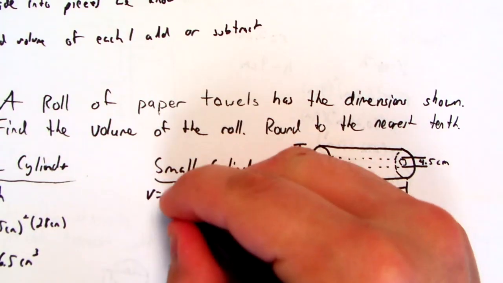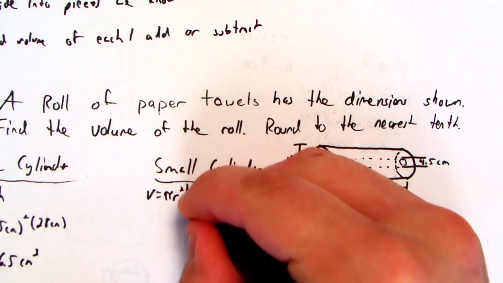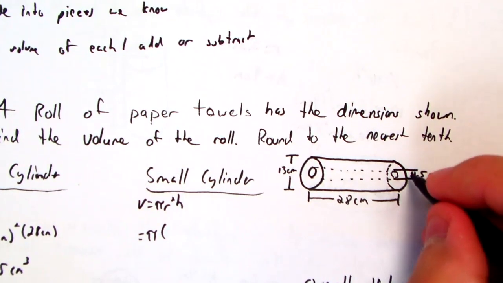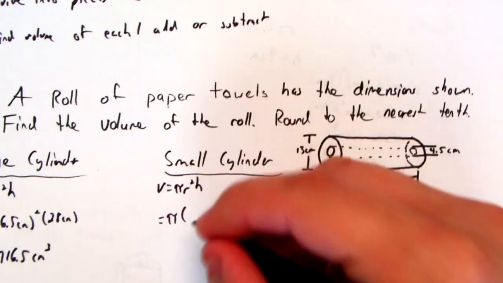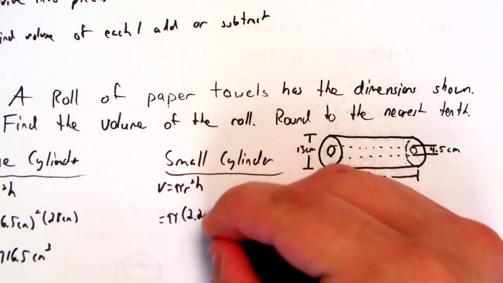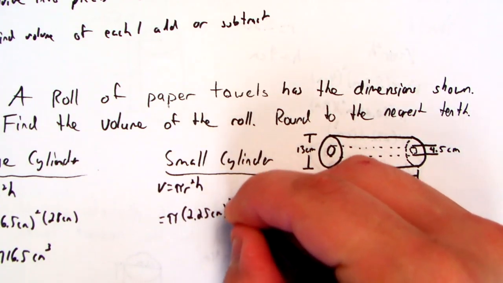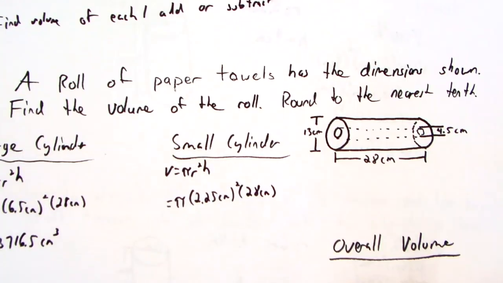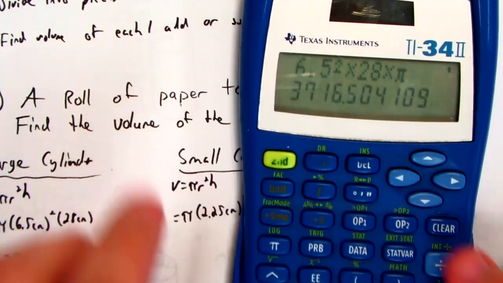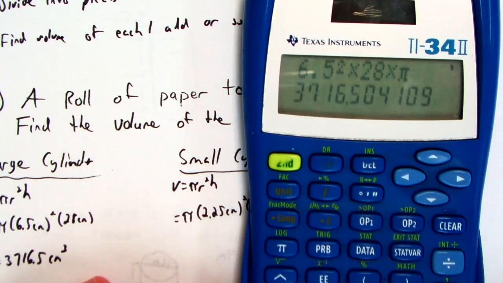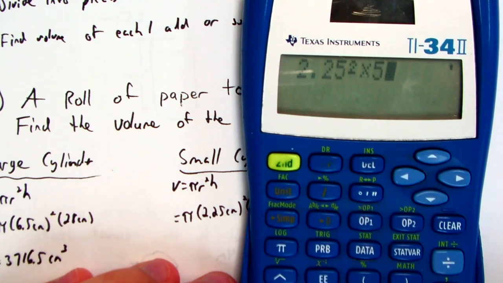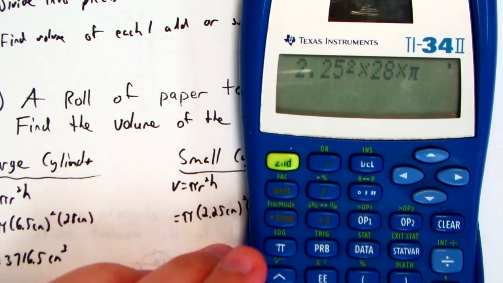In fact, same numbers. The only difference is the diameter is 4.5 centimeters, so the radius should be 2.25 centimeters. Otherwise, the height is exactly the same. So we have 2.25 squared times 28 times pi, 445.3.